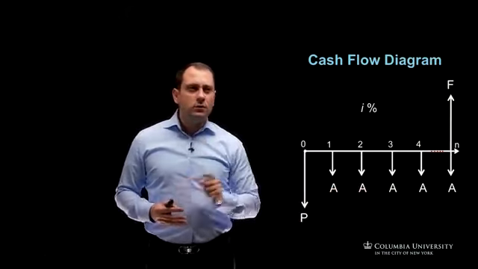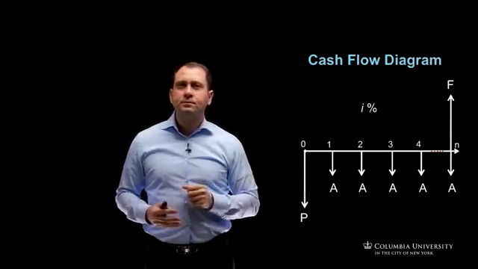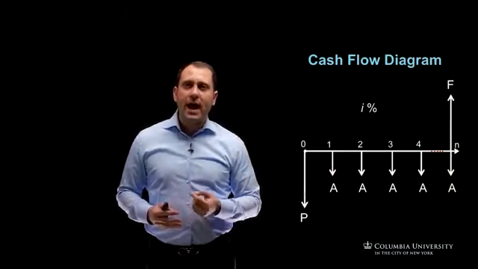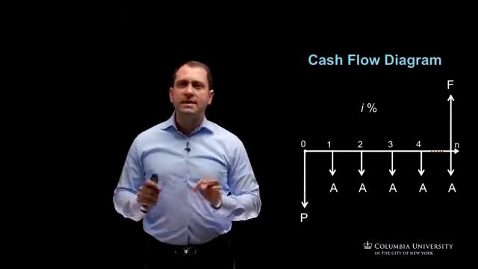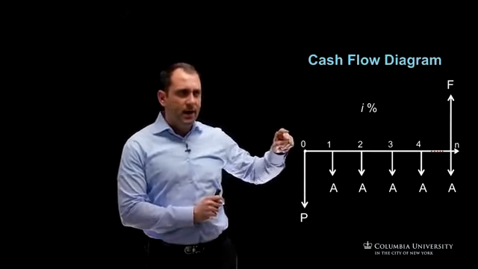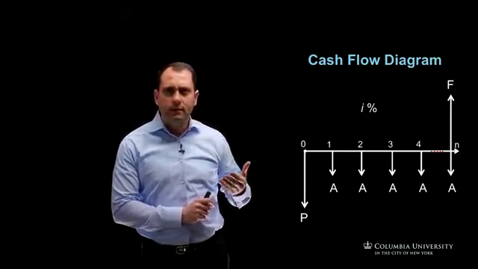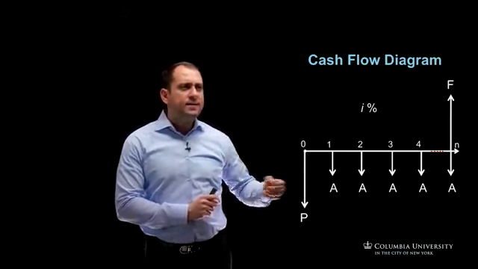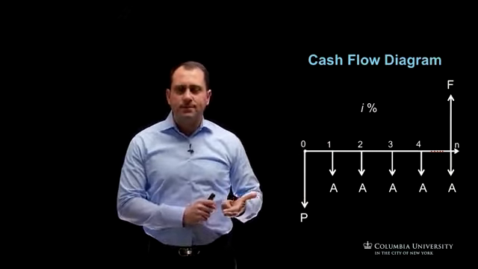The A value here, sometimes we refer to it as the uniform series values, or if the timeline is yearly, year by year, sometimes we refer to it as annuities or annuity.